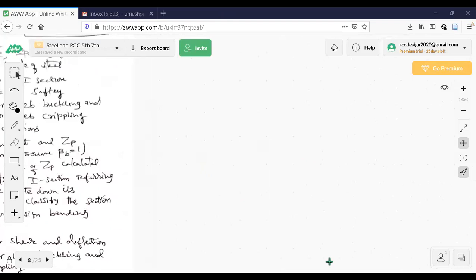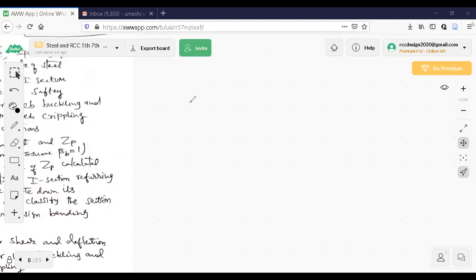Now just observe how the question here is. The question is how you design a beam. I'm not telling you whether it is RCC or steel. The answer should be common to both steel as well as RCC structures. How to do that? Observe here.